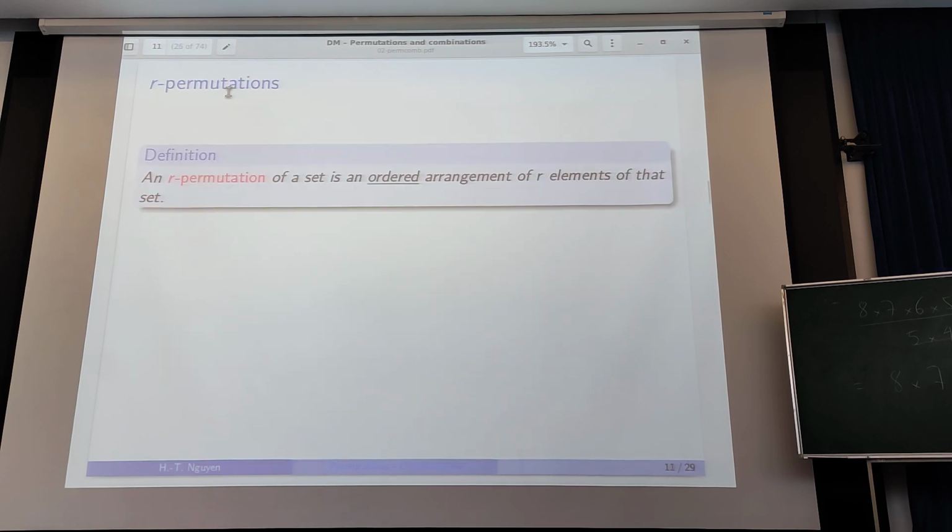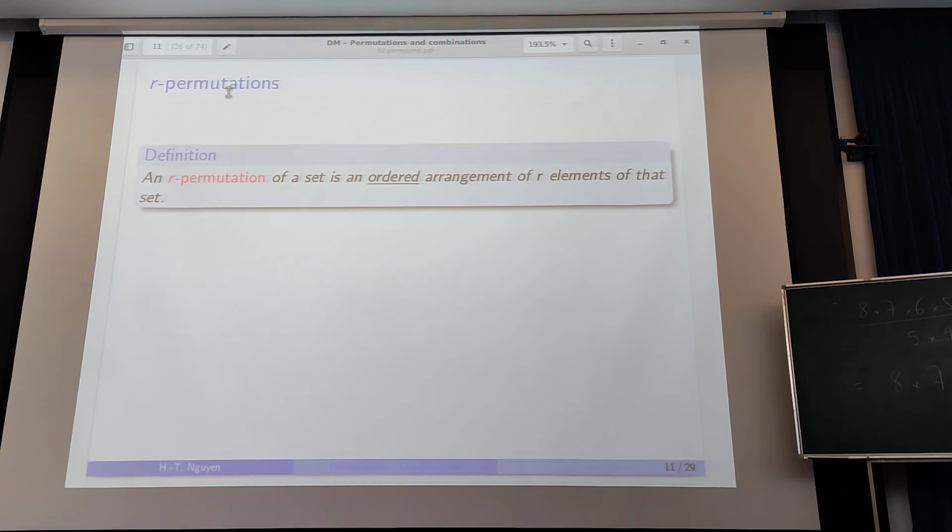And now, after an example, we will state the general definition. Okay? So let's say that we have a set of n elements, and if we take r elements and arrange them, then we obtain what we call an r-permutation, or in some other books you can also find the name arrangement.